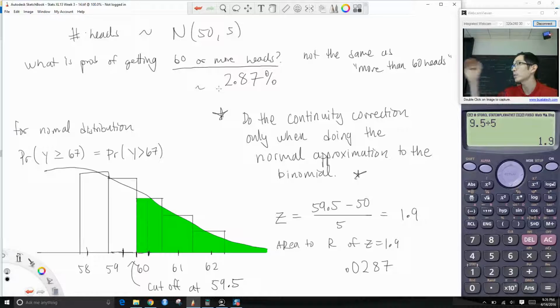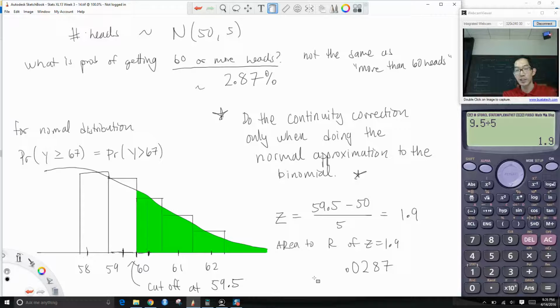Is that okay? Yeah. The shaded portion only includes up to the top line. This is what the shaded portion looks like, and it's because what I'm shading is looking up the normal distribution.